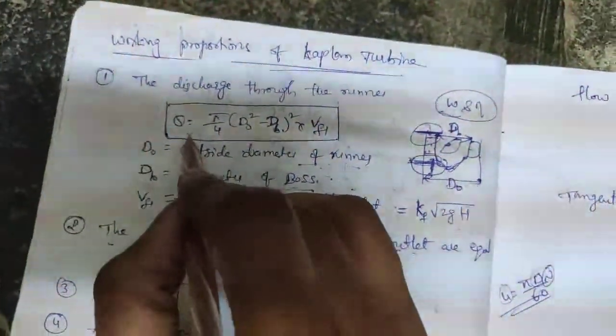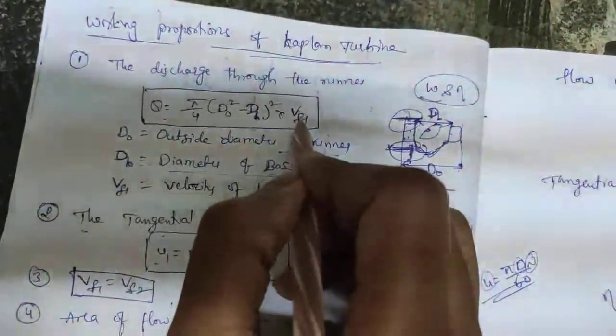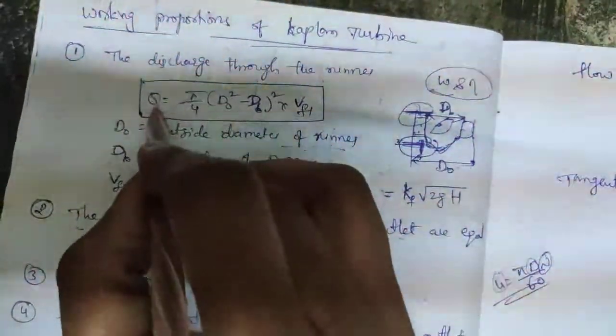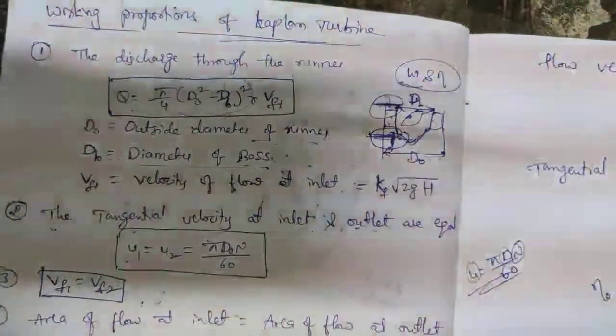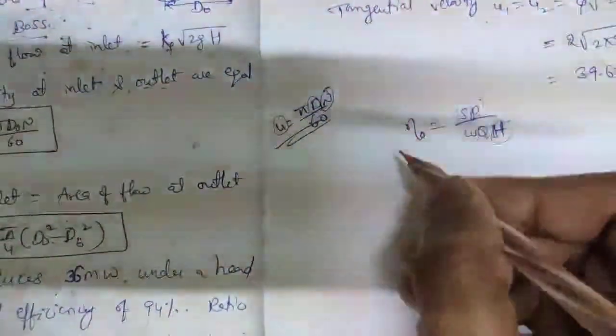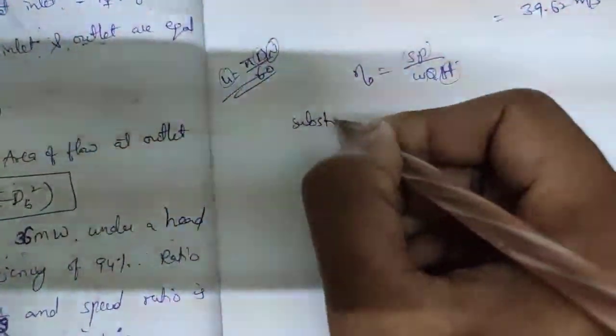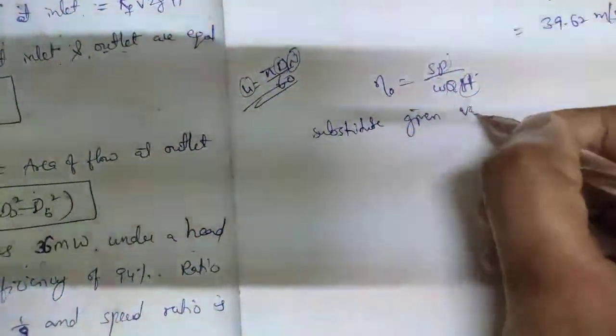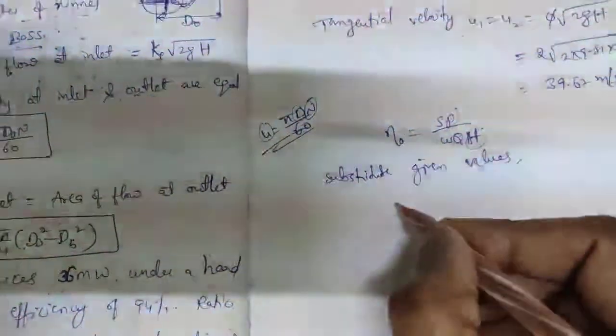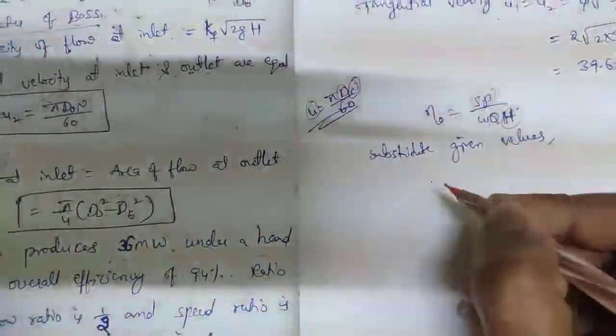We know the Vf value. If you know the Q value, then you can calculate the diameter. So substitute the given values.